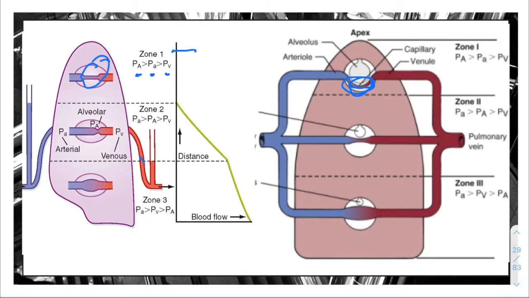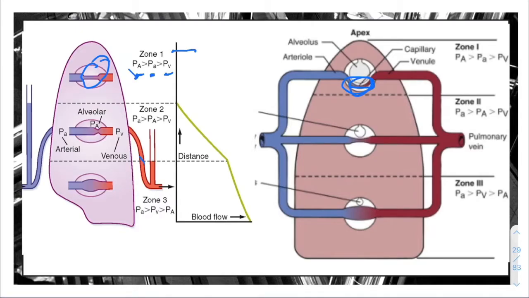So this is seen in conditions with low lung volume, severe hemorrhage, or patients who are hooked to a positive pressure ventilation. So again, normally you don't see zone 1 unless you have a patient suffering from severe hemorrhage or low volume, or the patient is hooked to a positive pressure ventilation creating a high alveolar pressure.